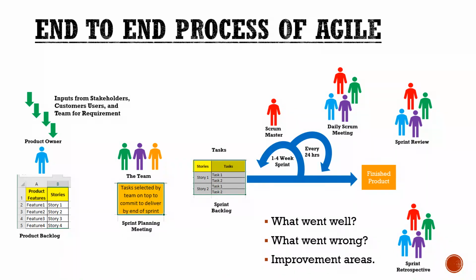So the finished product will be delivered to the client, and the client should review the product before the release. If he accepts, we can release the product, otherwise it will go for the next sprint. Suppose he comes with any changes, those changes should be incorporated, and only then should the software be released. If the changes cannot be incorporated in the particular release itself, we can take it for the next sprint.